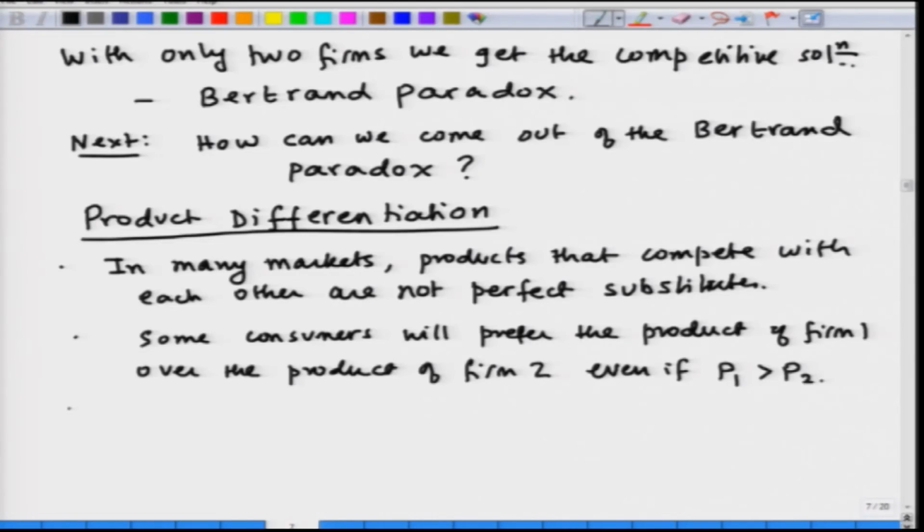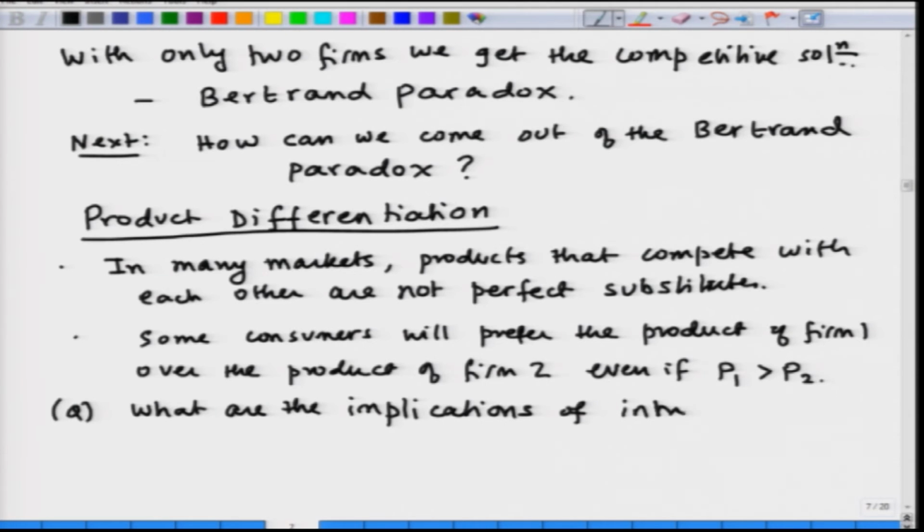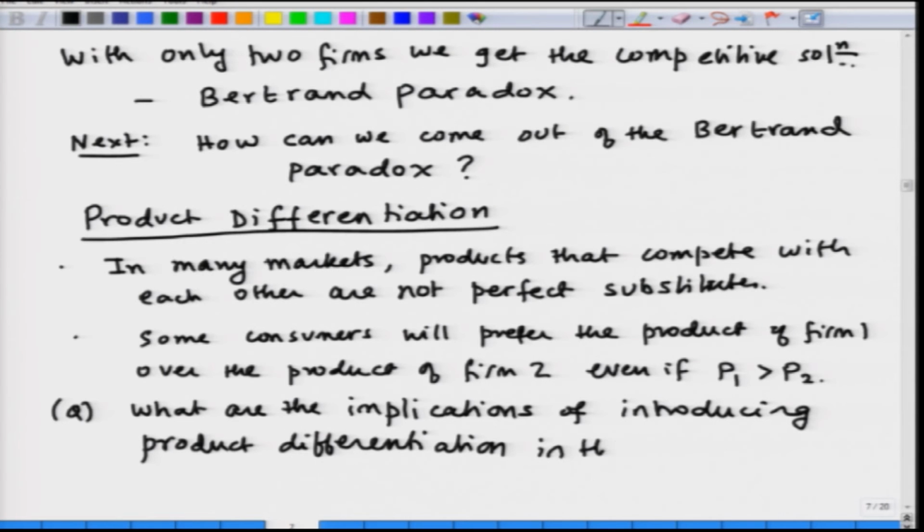So, the question that we want to ask is, what are the implications of introducing product differentiation in the Bertrand model?